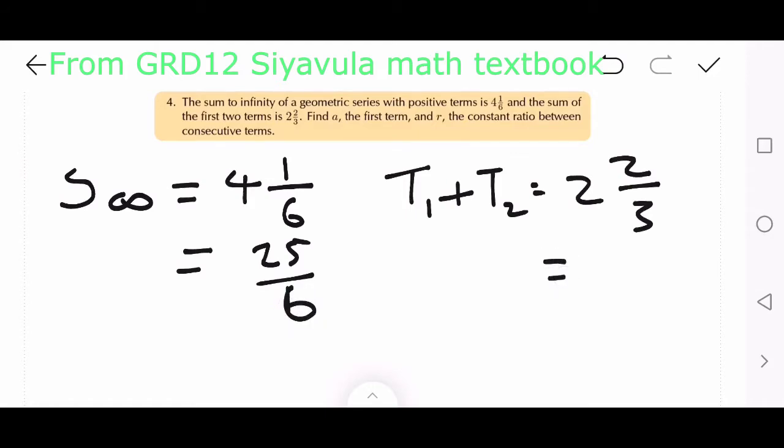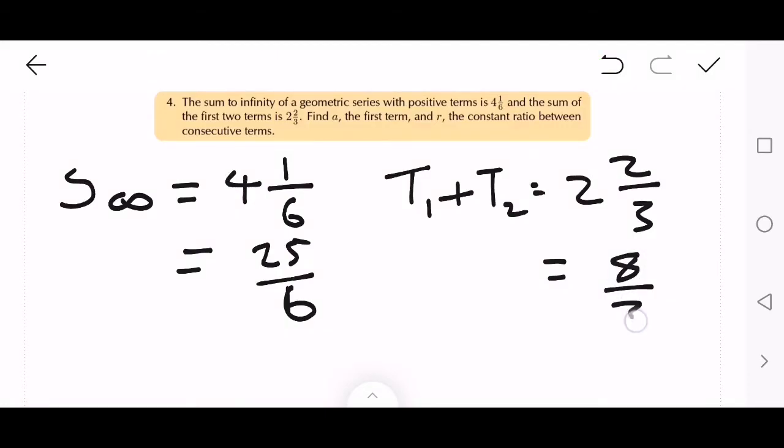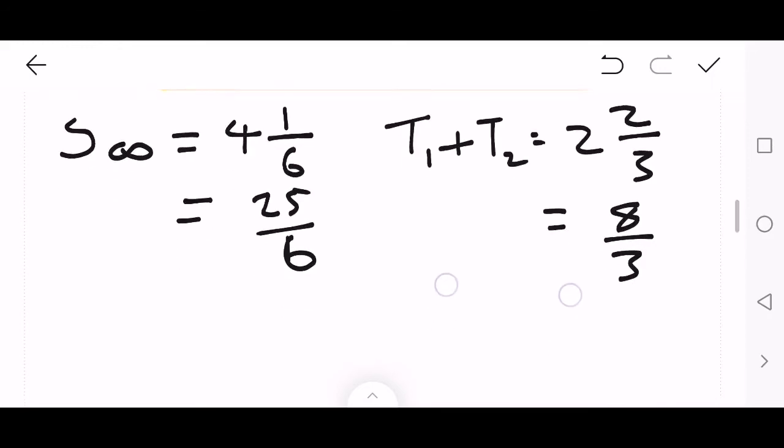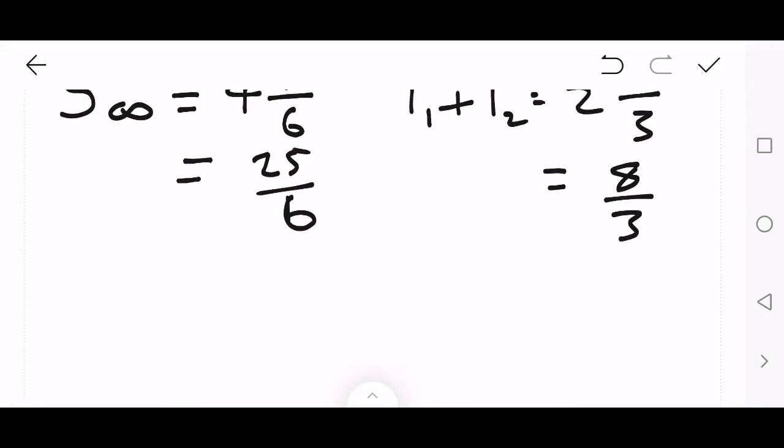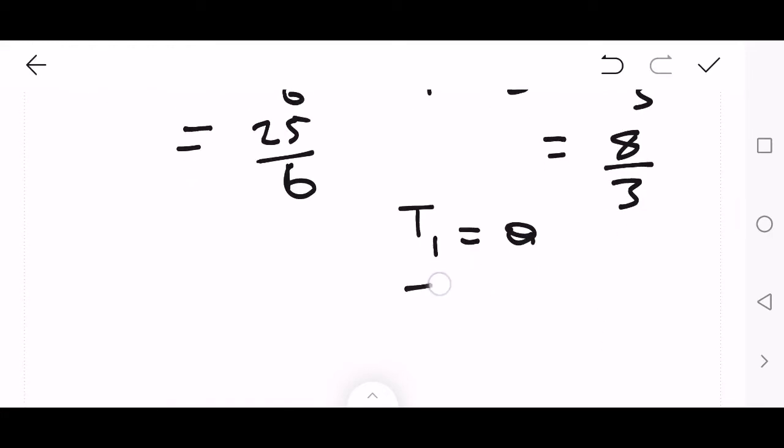And here 3 times 2 is 6, plus 2 is 8, so we have 8 over 3. So we know that t1 equals a and t2 equals a times r to the power 2 minus 1.